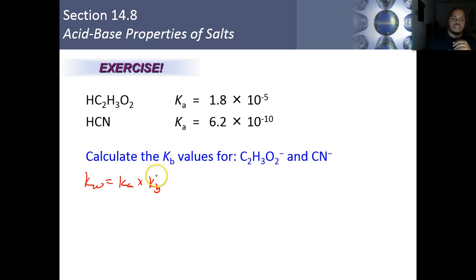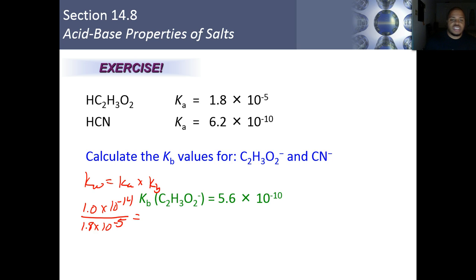I'm going to say 1.0 times 10 to the negative 14 divided by my Ka. This is for my acetate ion, divided by 1.8 times 10 to the negative 5. Once I plug this in, this gives me 5.6 times 10 to the negative 10.